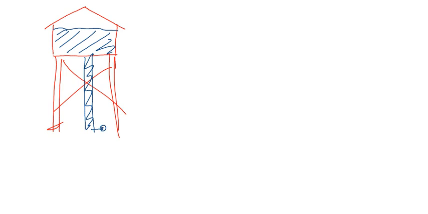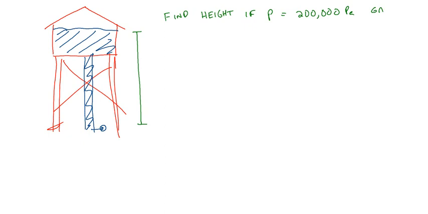If I had a situation like that, can you see that I'm still interested in the height of the water from here down to the gauge? It's like I swam to the bottom of a pool. It's nothing different. Maybe they might say find the height of the water if the pressure equals 200,000 pascals, something like that. And that would be the gauge pressure.